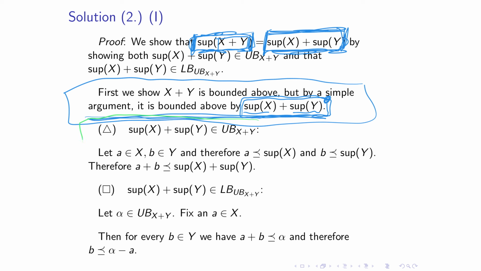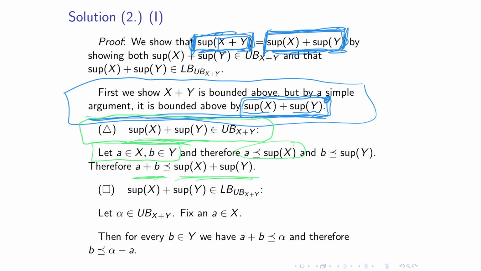So let's move on. We're going to show that this number, sup x plus sup y, is an upper bound on the set of x plus y. To do that, we're going to pick two arbitrary elements, one from x, one from y, and we'll be thinking about showing that sup x plus sup y is an upper bound on a plus b.